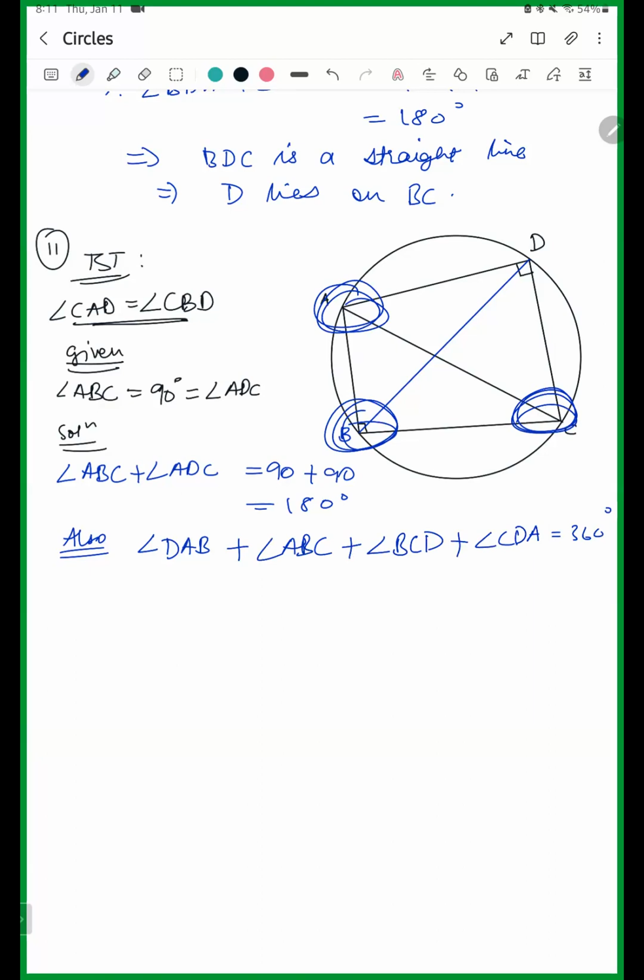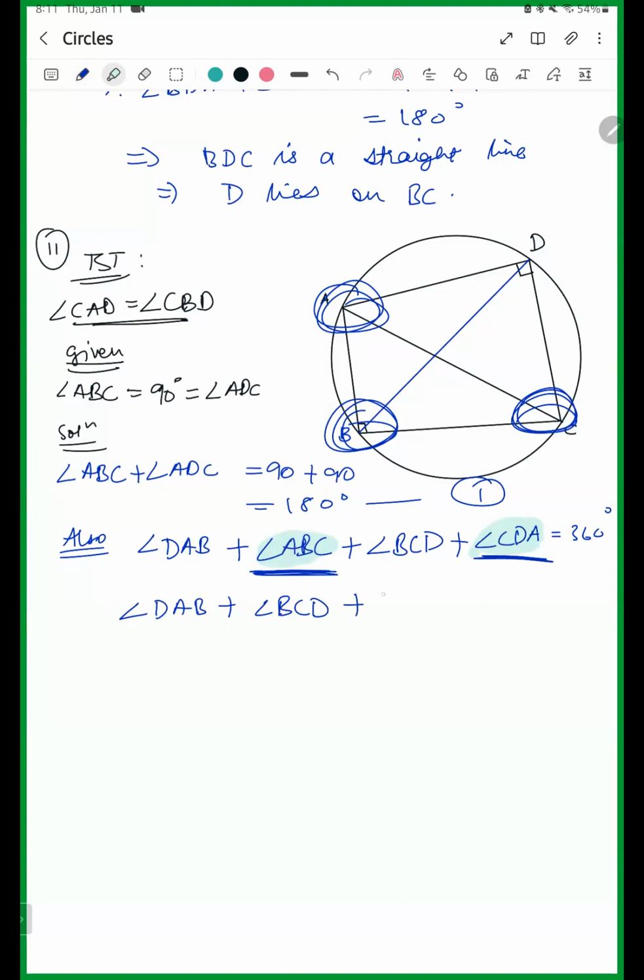The sum of all the angles of a quadrilateral is 360. And now we know that angle ABC plus angle CDA, or ADC, same thing, is 180. So let's call this equation 1. That means angle DAB plus angle BCD plus this plus this.